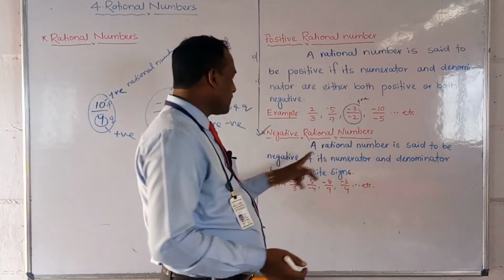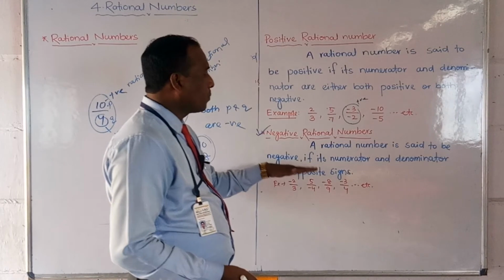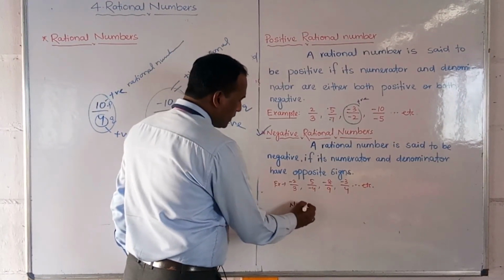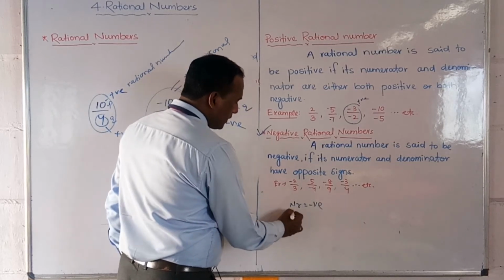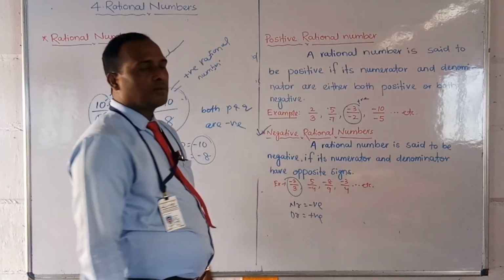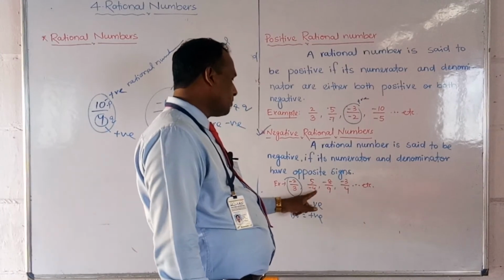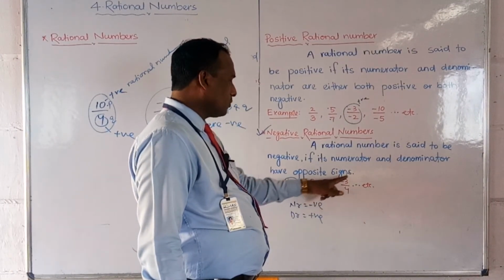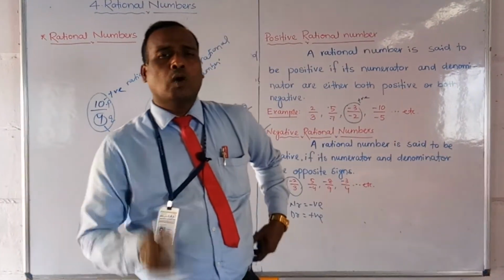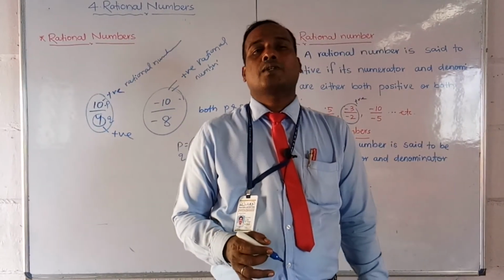A rational number is said to be negative if its numerator and denominator have opposite signs. That means if the numerator is positive then the denominator is negative, and if the numerator is negative then the denominator is positive. Opposite signs make it a negative rational number. Here the numerator is negative and the denominator is positive, hence this is a negative rational number. Here also, 5 by minus 4: this is positive, this is negative. If there is one negative sign, then we can say it is a negative rational number.